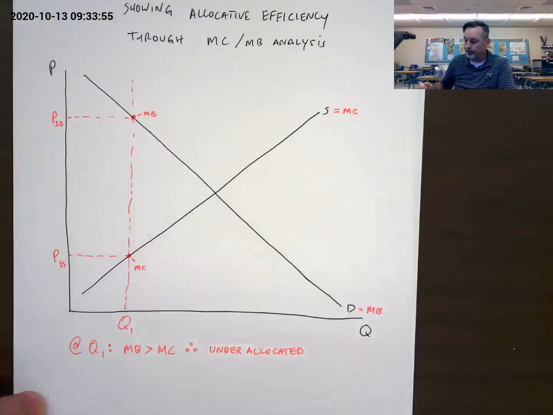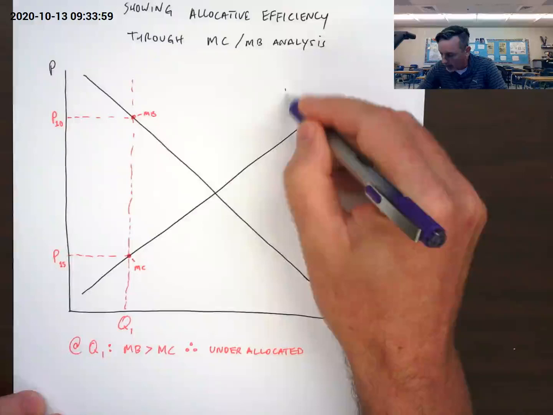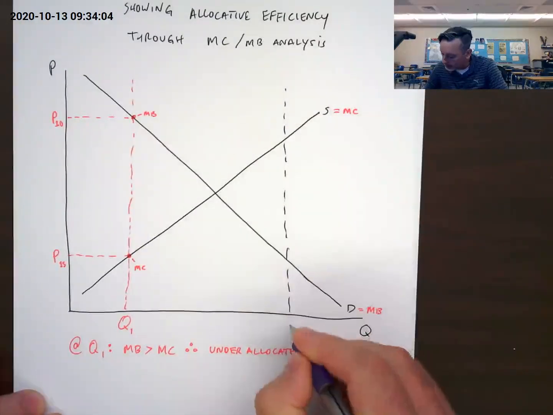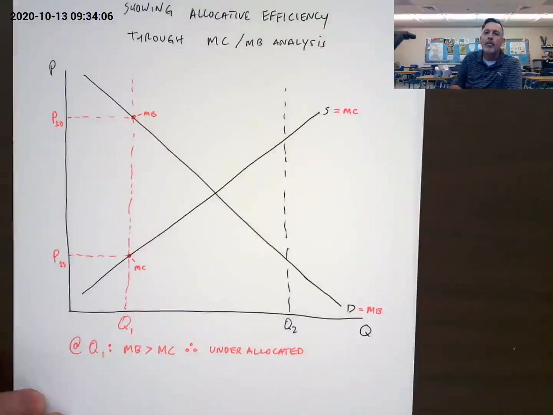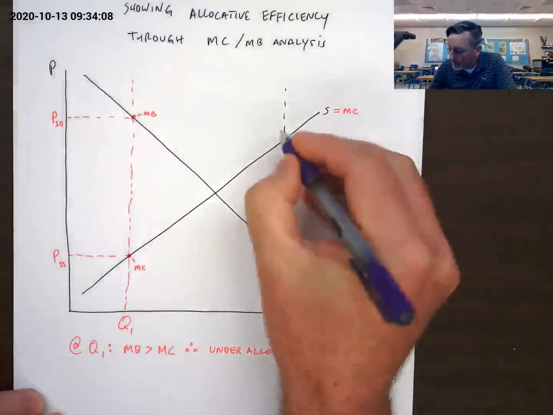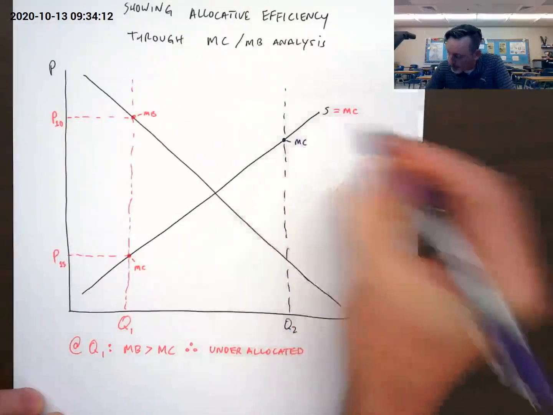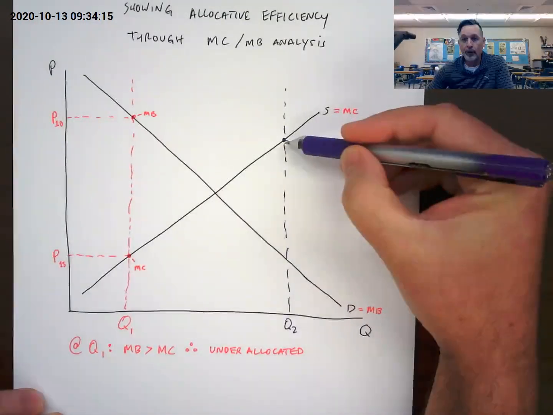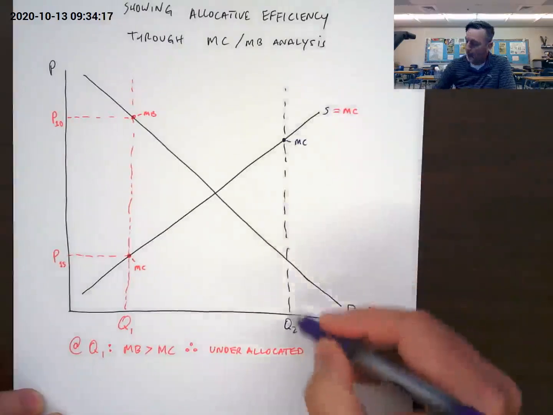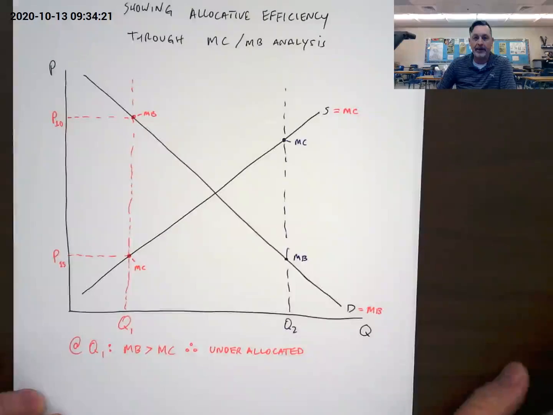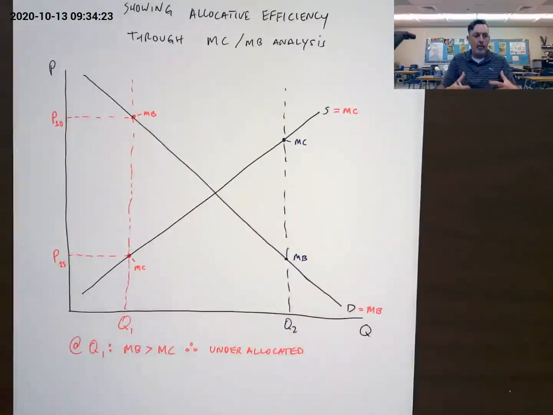So, let's take another look. Let's pick another point. Take a look at this quantity right here. We'll call it Q2. All right? And so, just like we did last time, we're going to identify at Q2, here's where I hit the marginal cost curve, and at Q2, here is where I hit the marginal benefit curve, all right? And this is why I pointed out that language to you earlier.